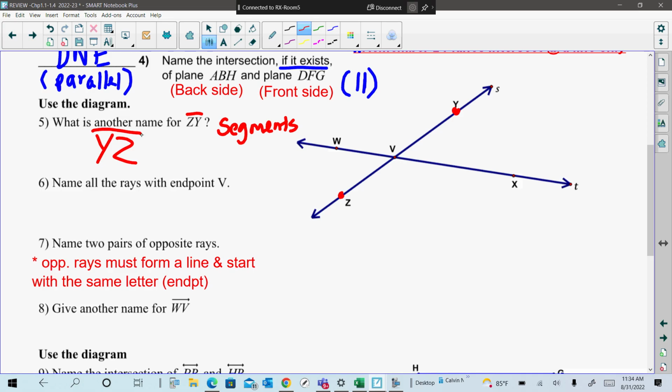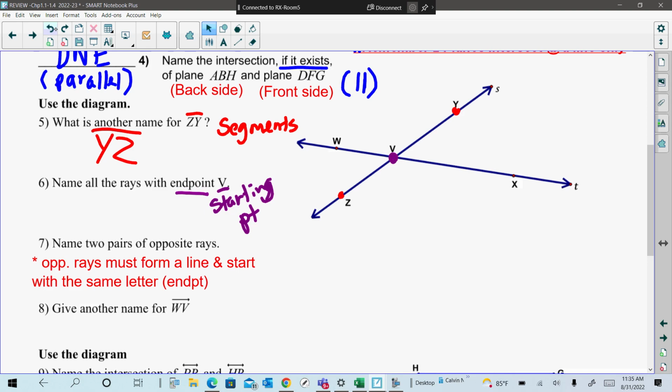If it was arrows, then there's a different combination, but I have the double arrows to refer to a line. Here, they're talking about naming all rays with an endpoint. That's important, V. So this is my starting point. It has to start at V and extend out forever. It can extend out forever going this way. There are multiple answers here.